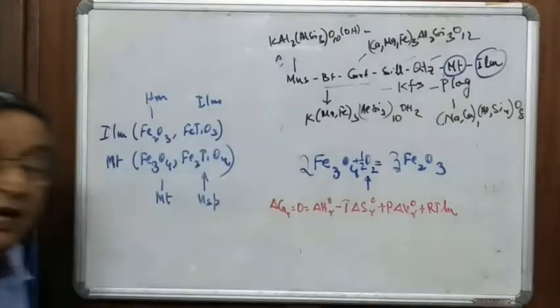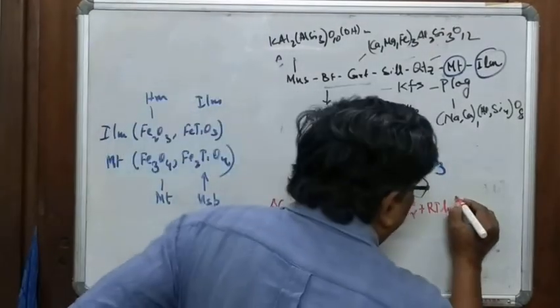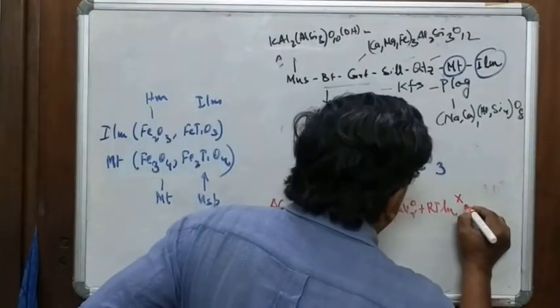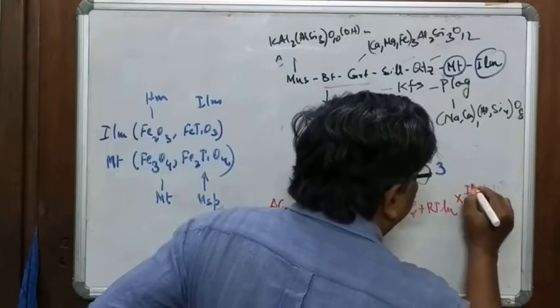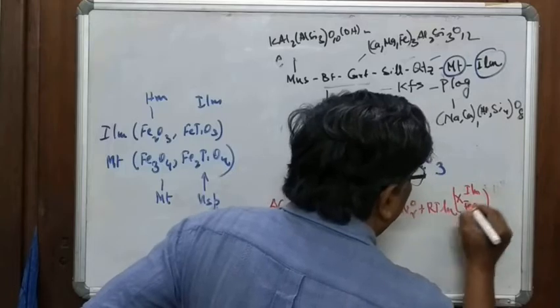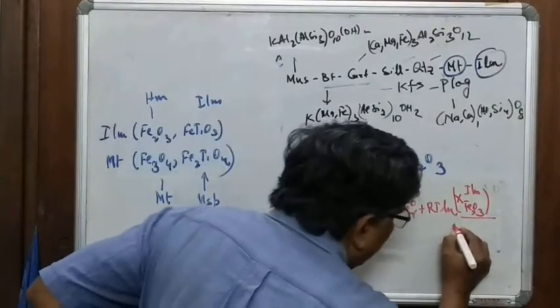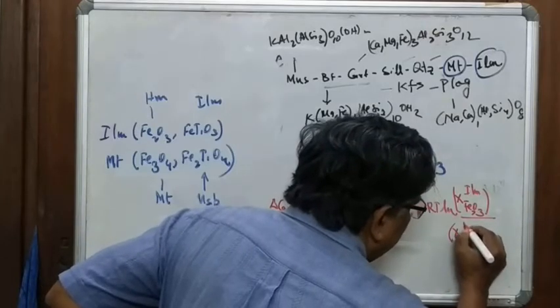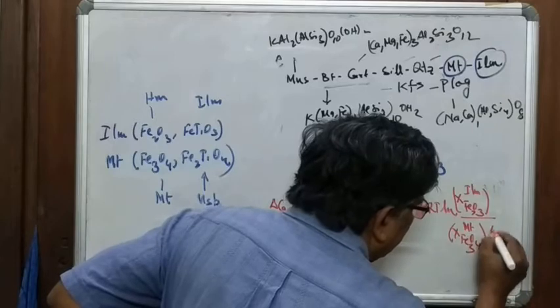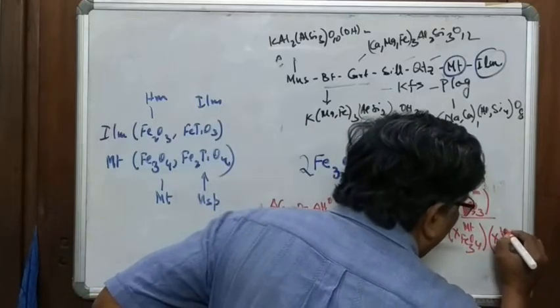If I write in the ideal mixing conditions, then I write X Fe2O3 in ilmenite divided by X Fe3O4 in magnetite into XO2 in the fluid.